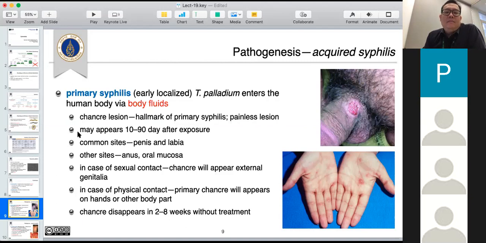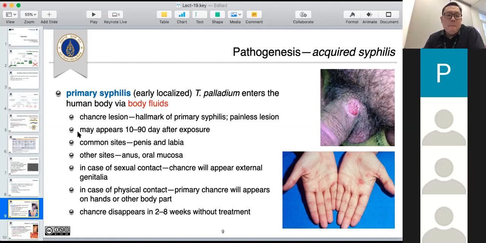It may appear 10 days after exposure to the bacteria or up to 90 days. So you probably get infected and have no symptoms for up to 3 months. The common sites of the chancre are the penis or labia, but it can also be found in the anus or oral mucosa.